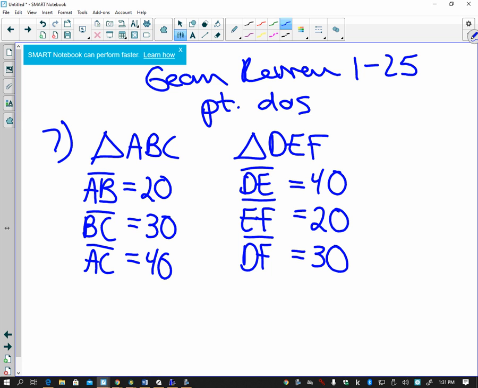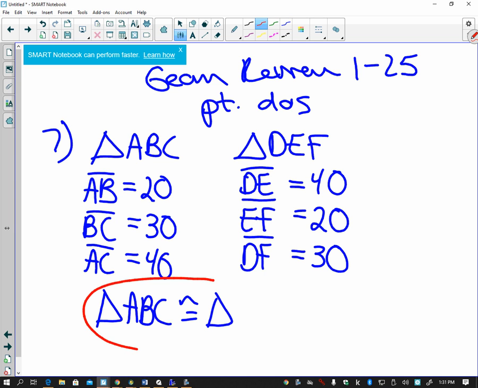So all of them are going to start with, say, triangle ABC is congruent to triangle. This is our answer here. But the important part is what you finish that with. What is triangle ABC congruent to?